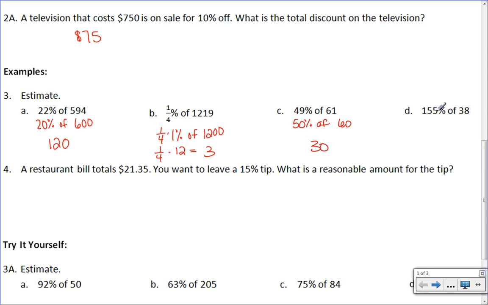And the last one, 155% of 38. 155% will split into 100%, and we'll round this to 40. So that's 100% and 55%.